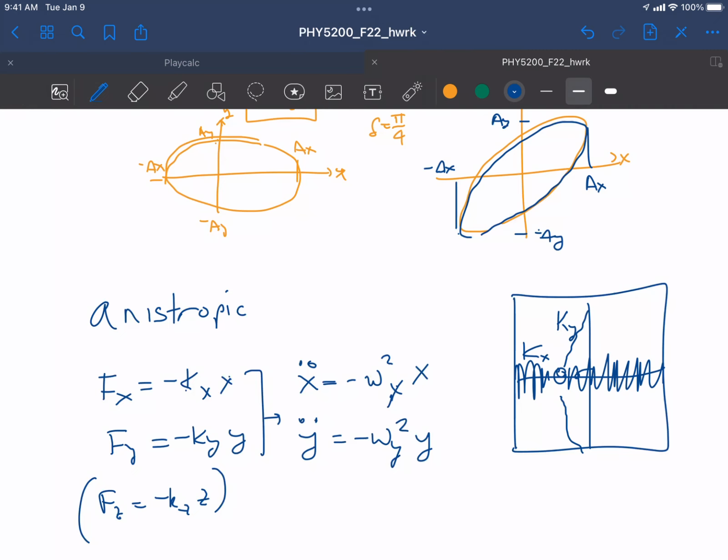And then we do the same trick we did before. We define the time origin such that either the x or y phase is 0. And then the motion depends just on the relative phase of delta equals delta y minus delta x.